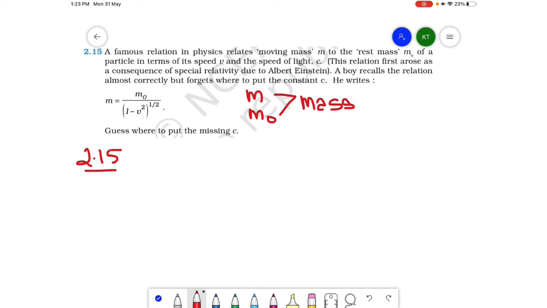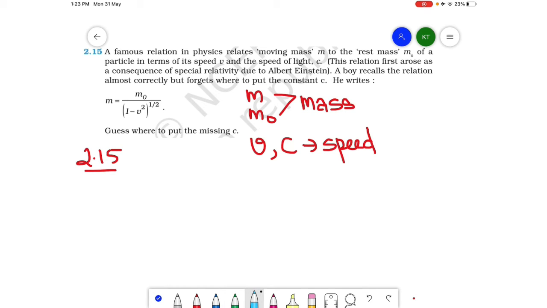One is a moving mass, the other is a rest mass. In terms of the speed v and speed of light c, both of these quantities are represented as speed. Now the question is, this relation first arose as a consequence of special relativity due to Albert Einstein.